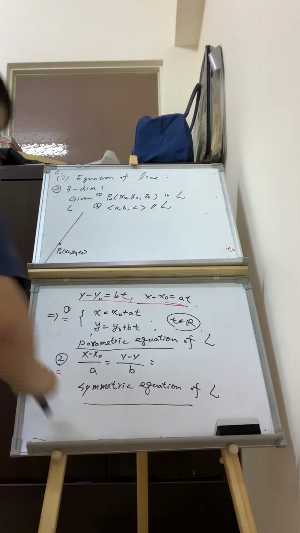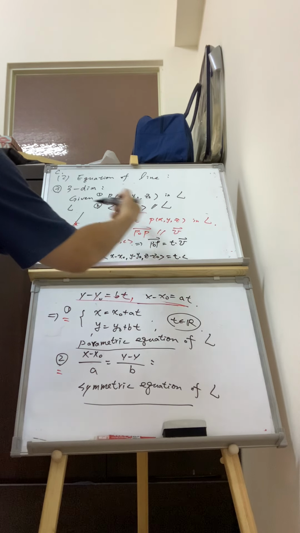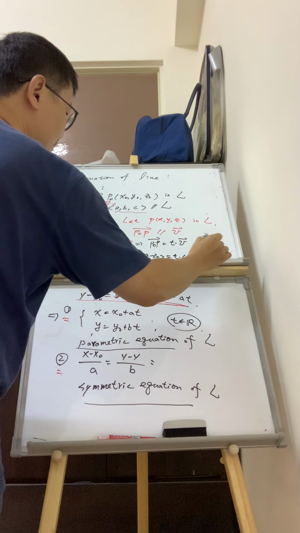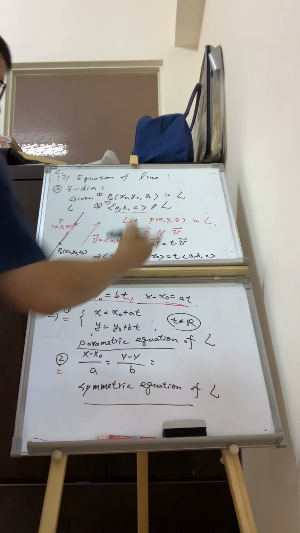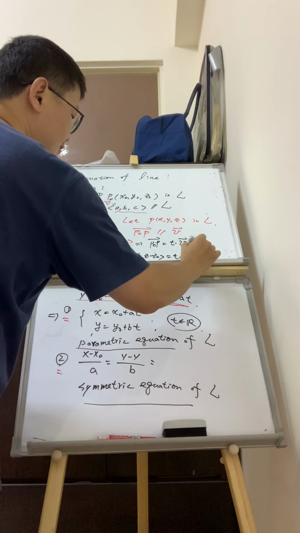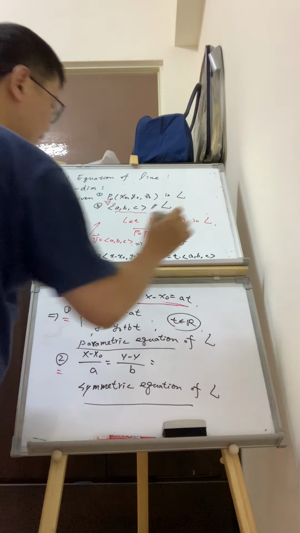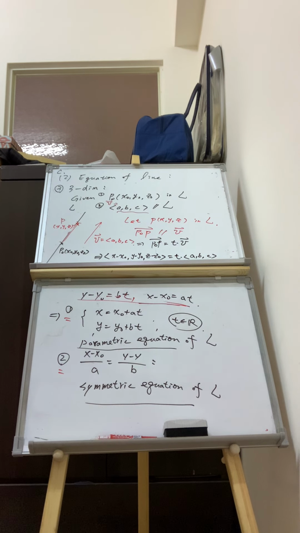So P0P equals t times V. P0P is P subtract P0, so (x - x0, y - y0, z - z0) equals t times V. The vector V is (a, b, c), and by distribution you get (at, bt, ct). And now check H10.